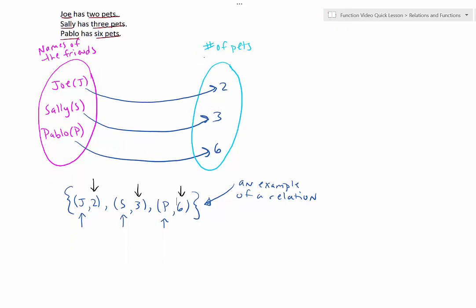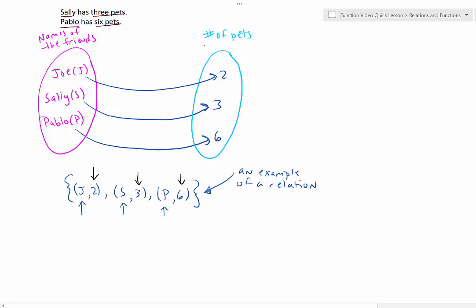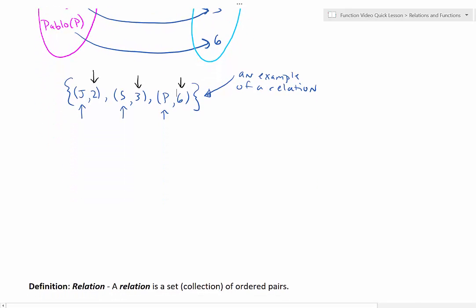And collectively, the collection of these 3 ordered pairs, this is an example of a relation. You say, okay, that's great, nice. Specifically, what is a relation? A relation is a collection, a set of ordered pairs. It could be many ordered pairs, it could just be a couple things, it could be one thing. Any collection of ordered pairs is a relation.